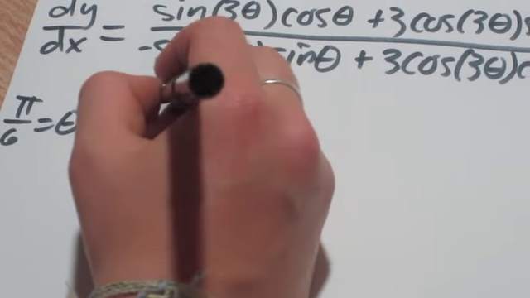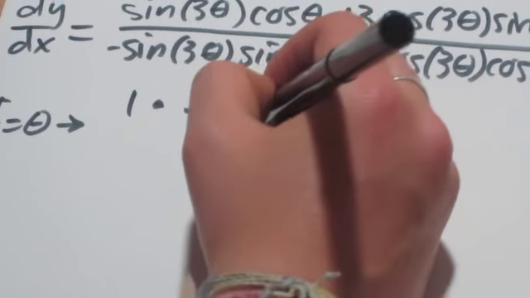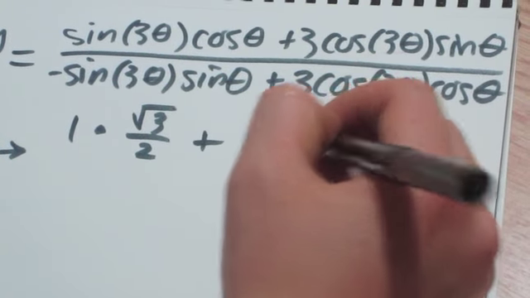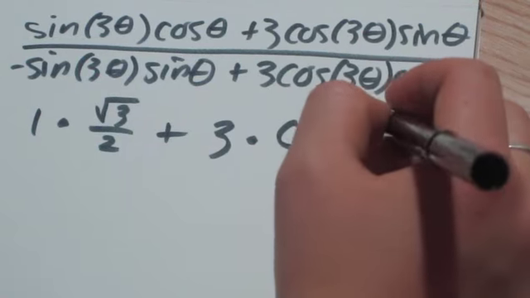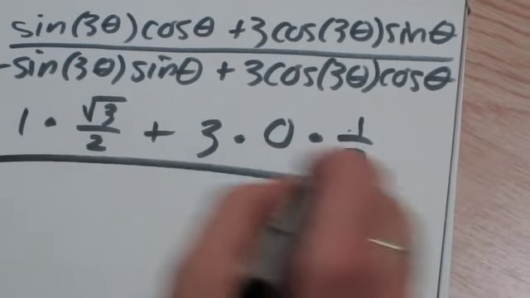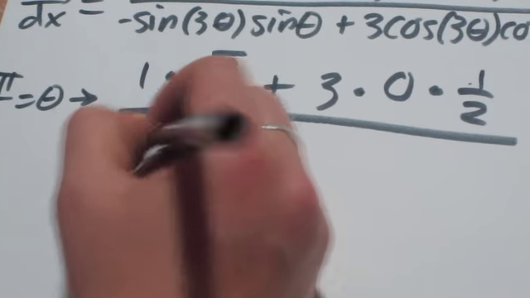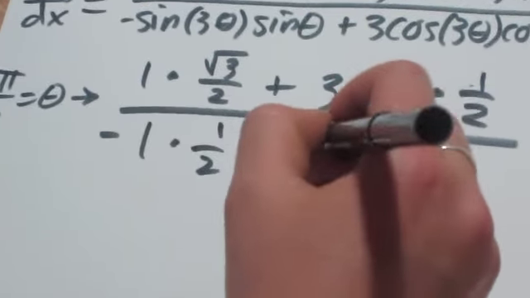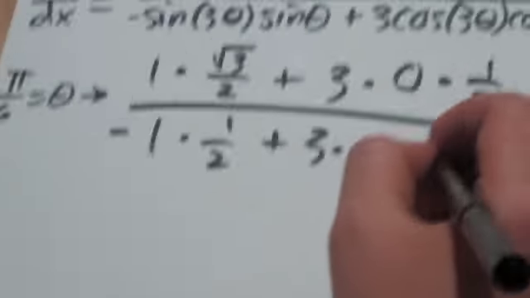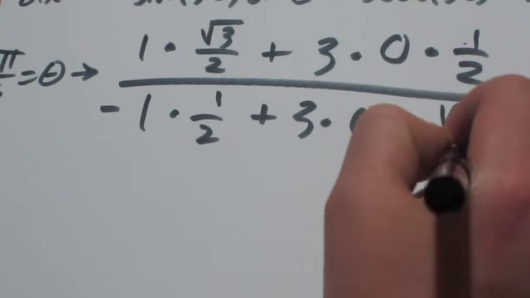And so we'll do sine of pi over 2 is 1 times cosine of pi over 6 is square root of 3 over 2, plus 3 times cosine of pi over 2 is 0 times sine of pi over 6 is 1/2, all over negative sine of pi over 2, which is 1 times sine of pi over 6, which is 1/2, plus 3 times cosine of pi over 2, which is 0 times cosine of pi over 6, which is square root of 3 over 2.